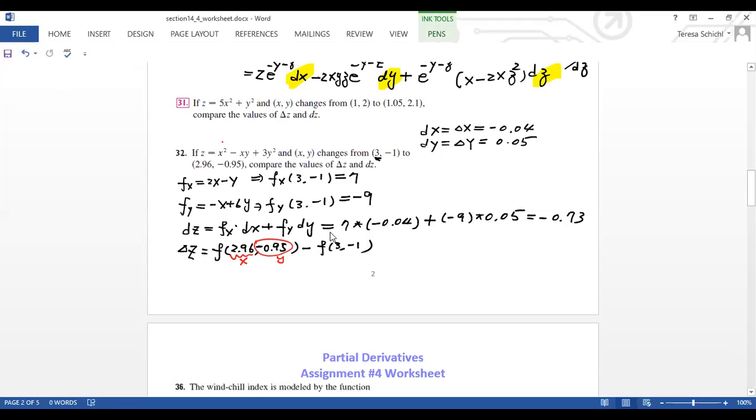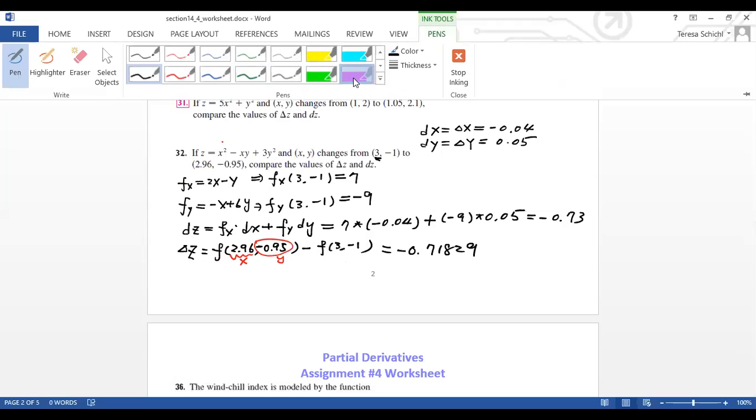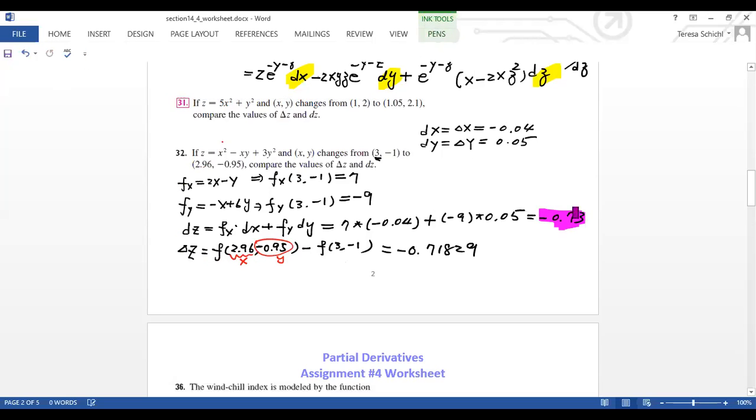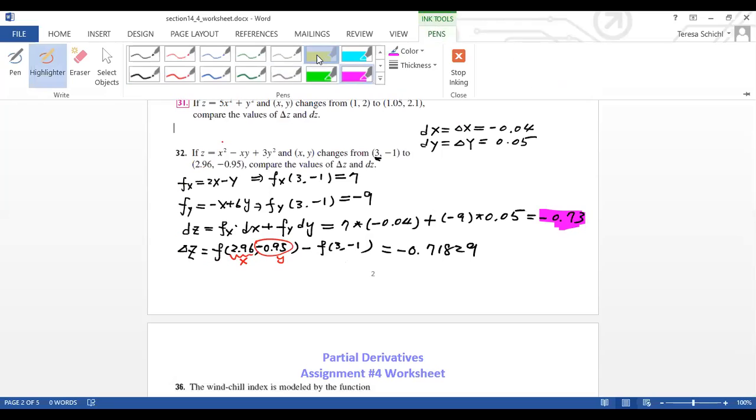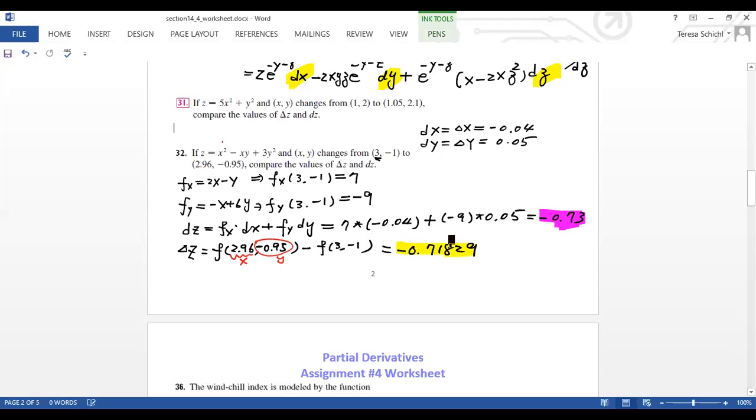You plug into the calculator, and I got negative 0.71829. So if you use the approximation here, you got negative 0.73, and your true value is negative 0.71829. It's really pretty close, right? It's pretty cool, right?